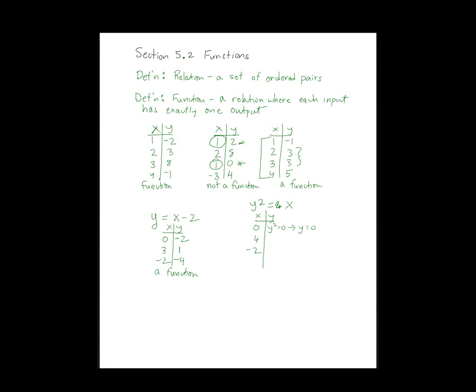This is why it's important to plug in more than one number. If I plug in 4, I get y squared equals 4. Y could equal 2, or y could equal negative 2, because negative 2 times negative 2, after all, is 4 also. So right there, I've got a problem. The number 4 has 2 outputs. It's got 2 and it's got negative 2. So that one's not a function.